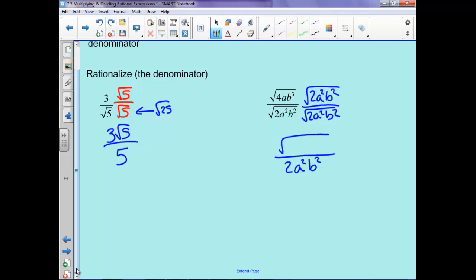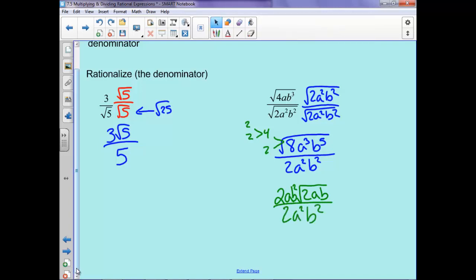Our numerator is going to be 8a cubed b to the 5th, which we can break down. 8 is 4 and 2, which is 2 and 2. So we will have 2 and then a root 2. And then we'll have an a with one a left over, and a b squared with a b left over, all over 2a squared b squared.